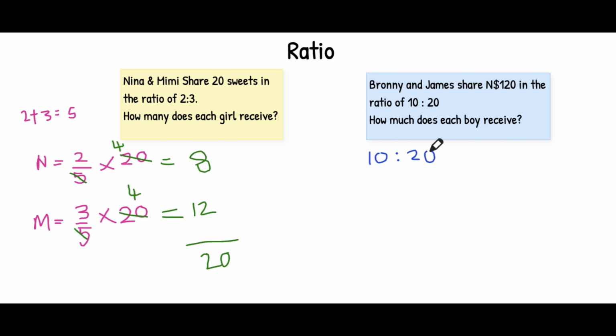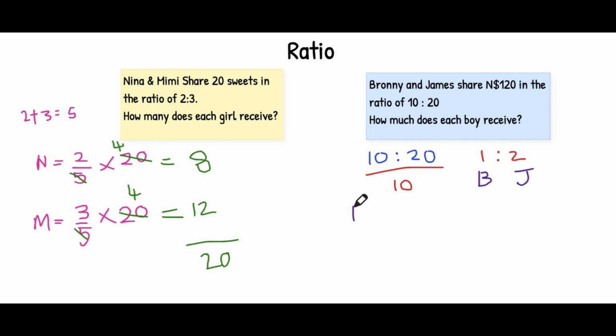So the first thing is we want to look for a number. What number goes into 10 and goes into 20 without leaving a remainder? That number would be 10, the highest number you can find. So 10 goes into 10 one time, and 10 goes into 20 2 times. So our new ratio is now 1:2, being Bronny is represented by 1 and James is represented by 2.